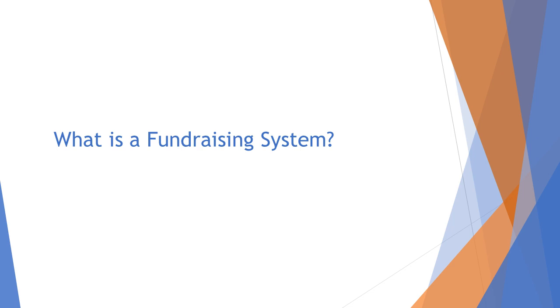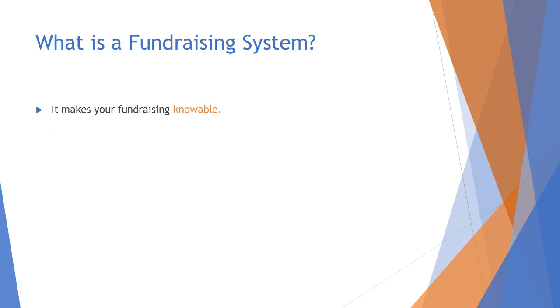Now, a good fundraising system has a couple of key characteristics that are present in every good fundraising system. First, a good fundraising system clarifies your development program and it makes your fundraising knowable. This is because systems are testable. You can implement a system and you can track the results.